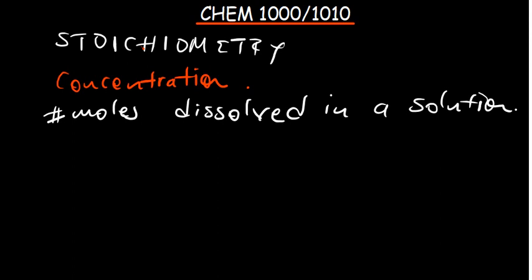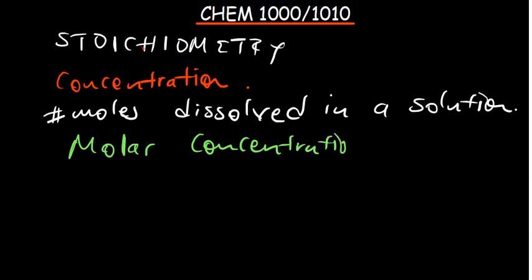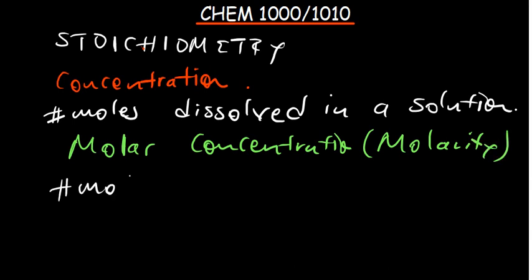The most important unit of concentration that we're going to be looking at is what we call molar concentration. I'm sure you've come across molar concentration. I can also say molarity. Molarity is defined to be the number of moles dissolved in a liter of a solution.